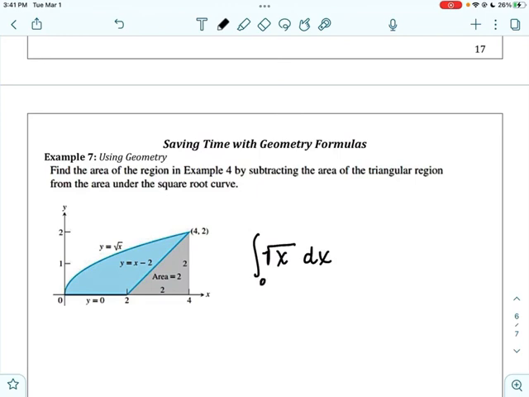So delta x rectangle, we have the representative rectangle. The height of that rectangle is the square root of x, right? We could go from 0 to 4, and then we could take away the triangle area of 2.